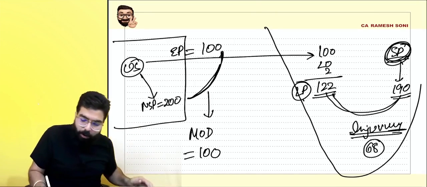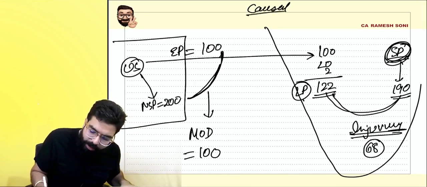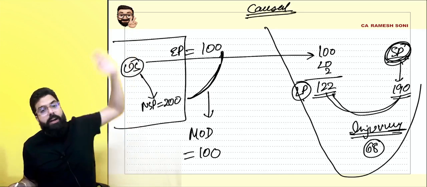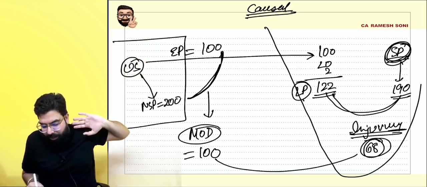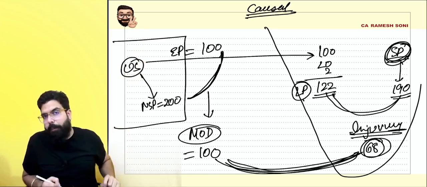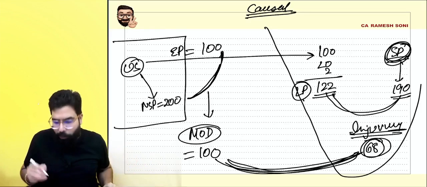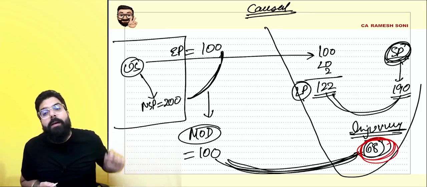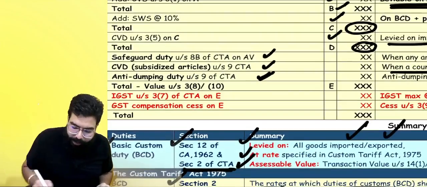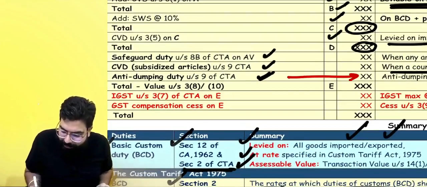Always remember, government always tries to create a causal link. Cause and effect. Cause is the dumping, effect is the injury. Whichever is lower, government will impose that amount as anti-dumping duty, and hence government will impose 68 rupees as the anti-dumping duty. Okay, sir, we understood that is anti-dumping duty.